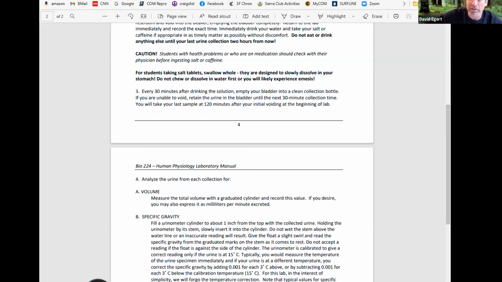I want you to think, oh yeah, that's what the kidneys are doing. They're trying to maintain water balance, salt balance. And depending on what you're ingesting, they're going to have to do different things to accomplish that goal. And it will be reflected in what is ultimately leaving your body as urine.